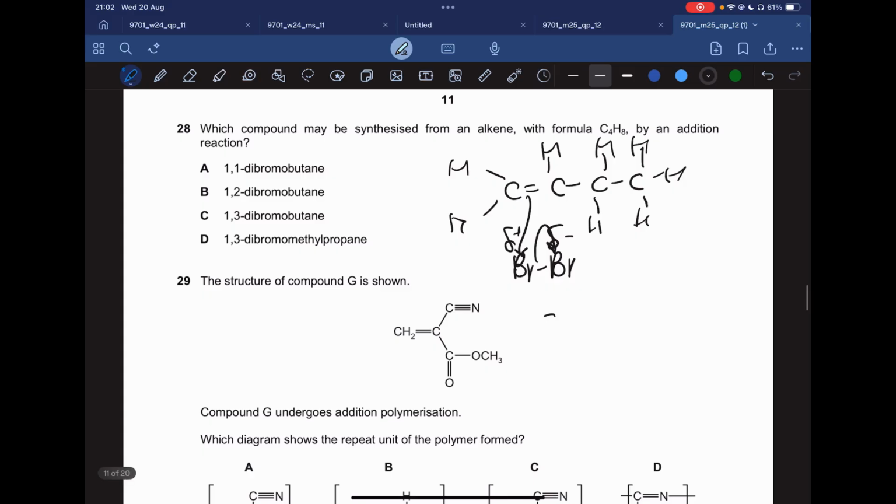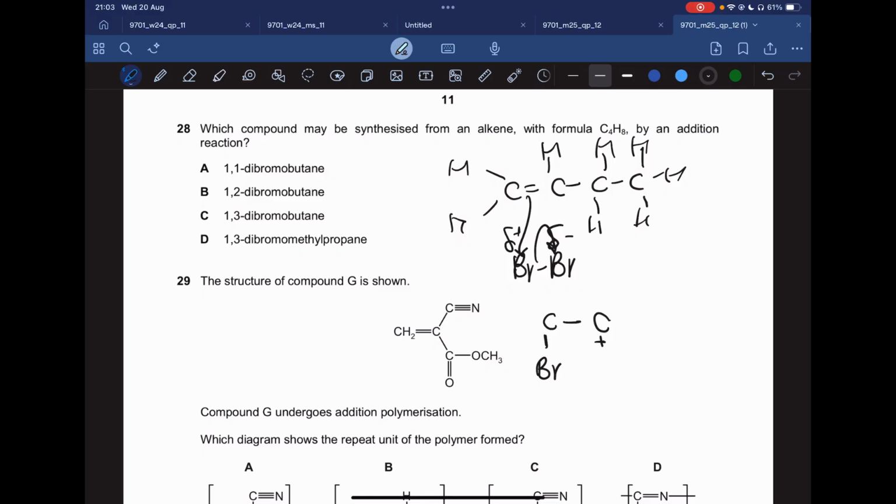So that means we are left with one of them bonded to the Br, and then we have a carbocation. It can't bond onto the same carbon, because it will only make the other one become a carbocation, and that will be open to the electrophile.